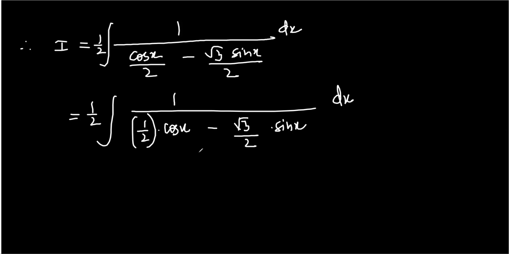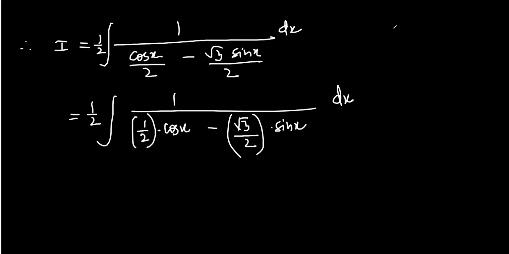Okay, now see here what I will do. Cos x is multiplied to 1 by 2, and sin x is multiplied to root 3 by 2, and between them I have the sign negative.